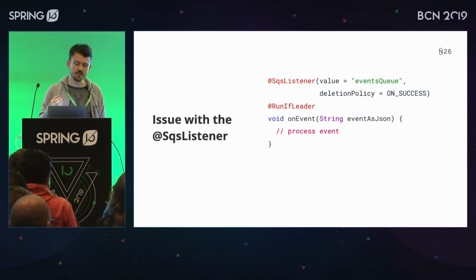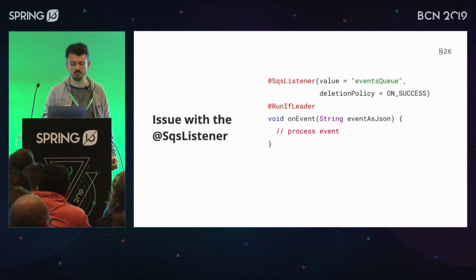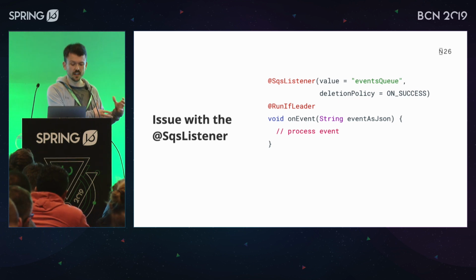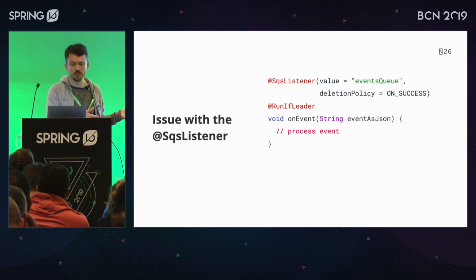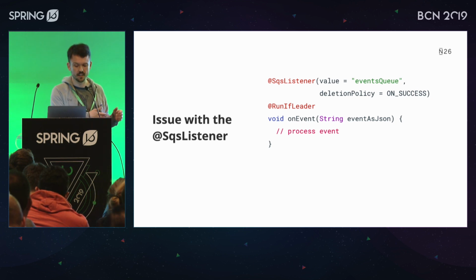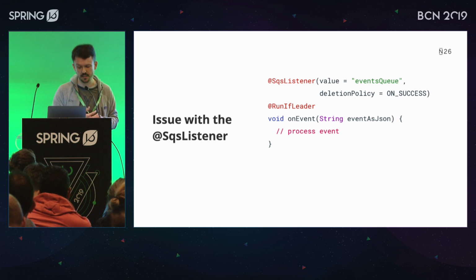If you are new in a team and you don't know what is happening, and you are just following other parts of the code and basically copying and pasting the SQS listener, you don't go into details. Maybe you don't understand that actually the message will not be visible for some time if the check on the leader is taking some time.